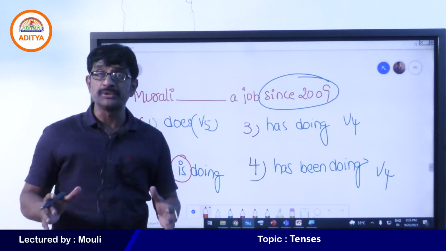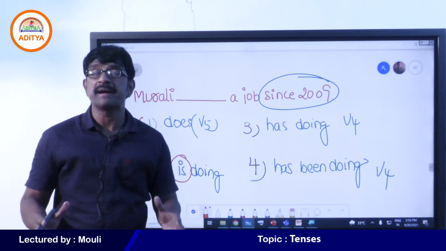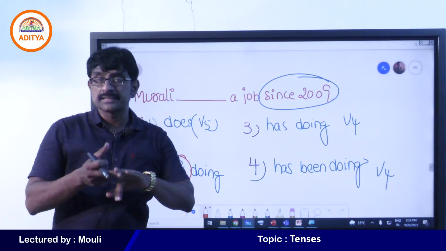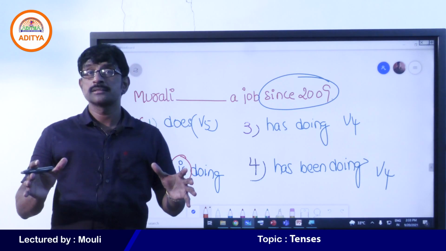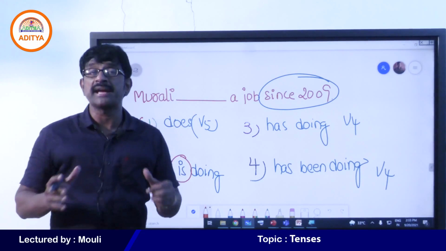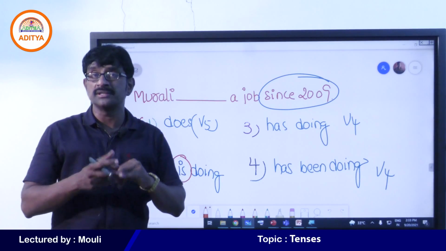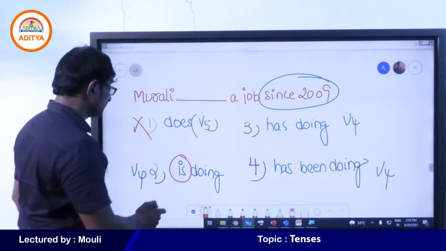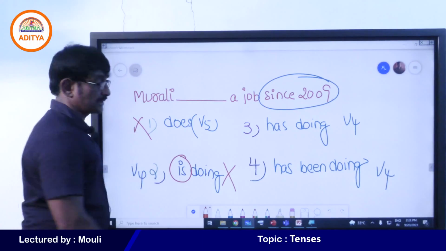I already told you we cannot match am, is, or, was, were with since and for. So this one also is a mistake.